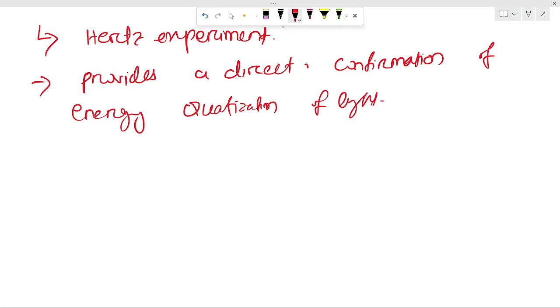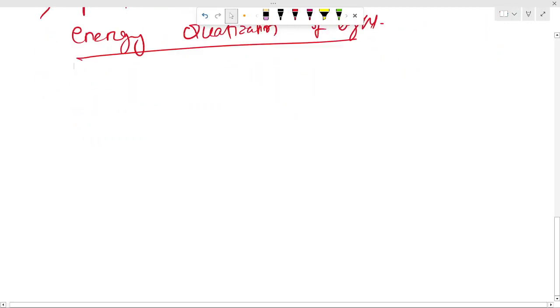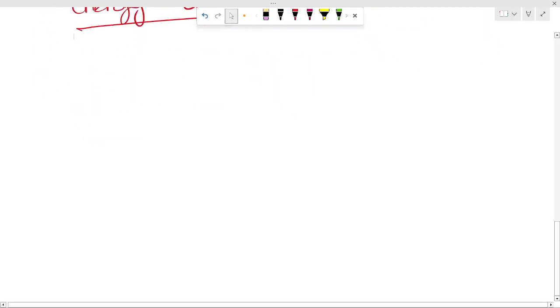It is very, very important: it confirms the energy quantization of light. That is, light is made up of small quanta which are called photons.